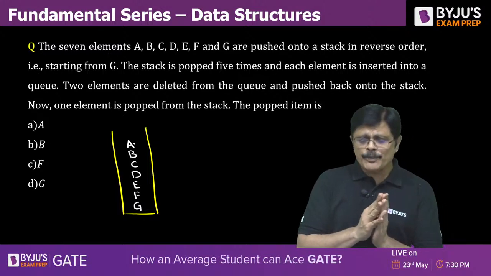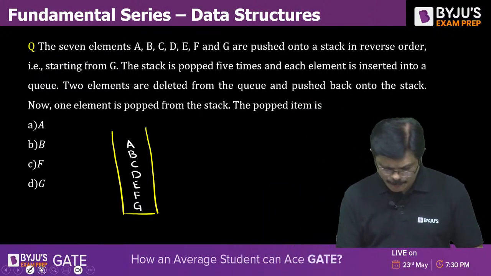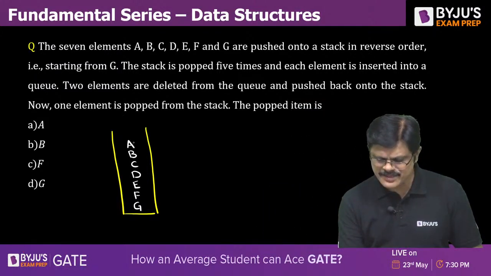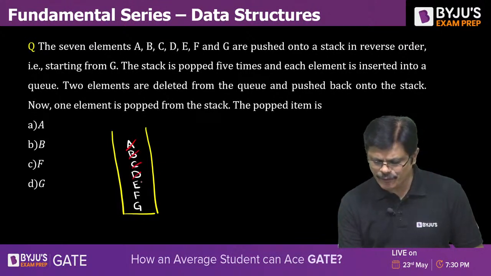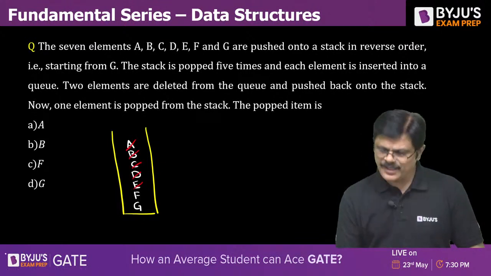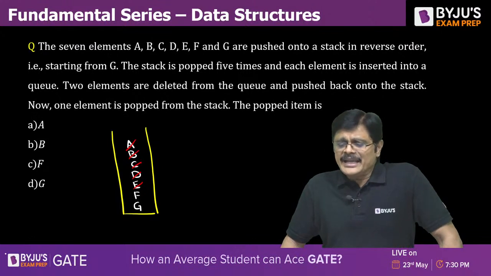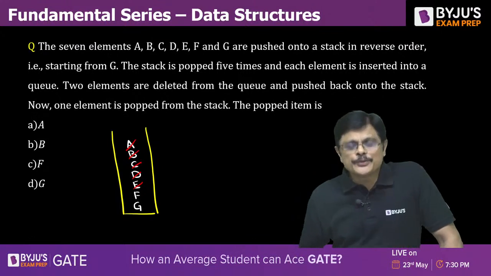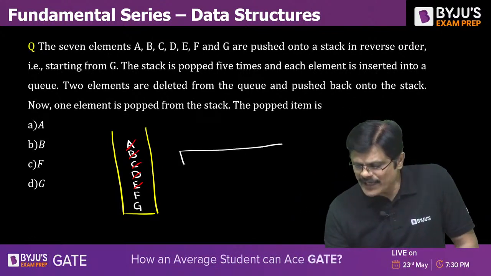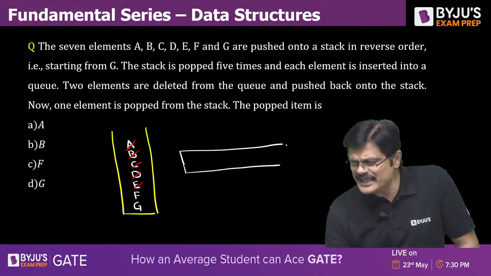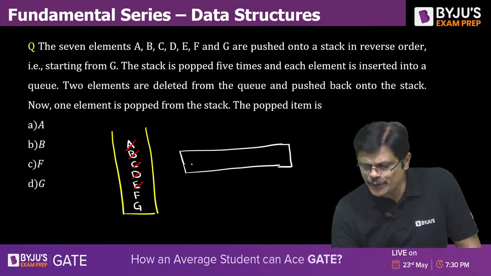The stack is popped 5 times. So we pop the stack how many times, sir? 5 times: 1, 2, 3, 4, 5. These popped elements are inserted into a queue.